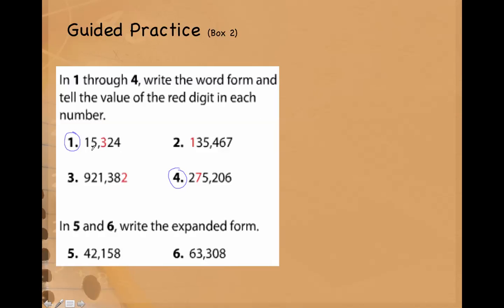So number 1, I look up to the comma, and remember that comma says thousands, so this is 15,000.